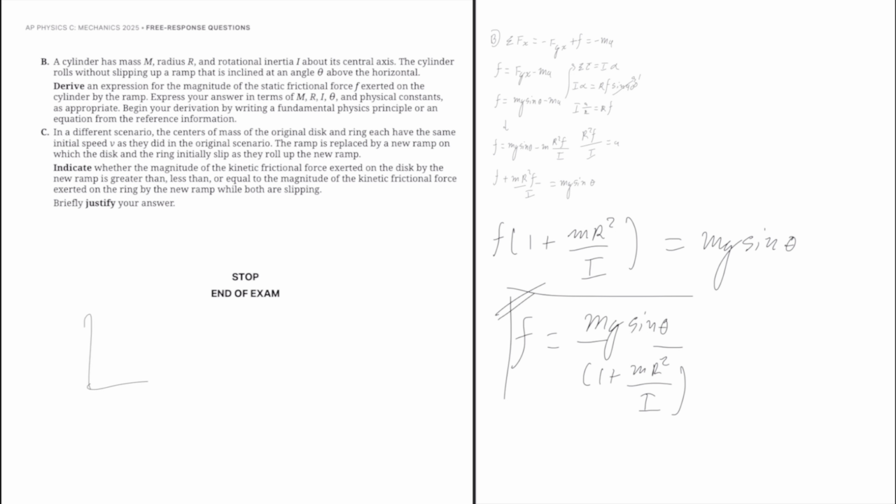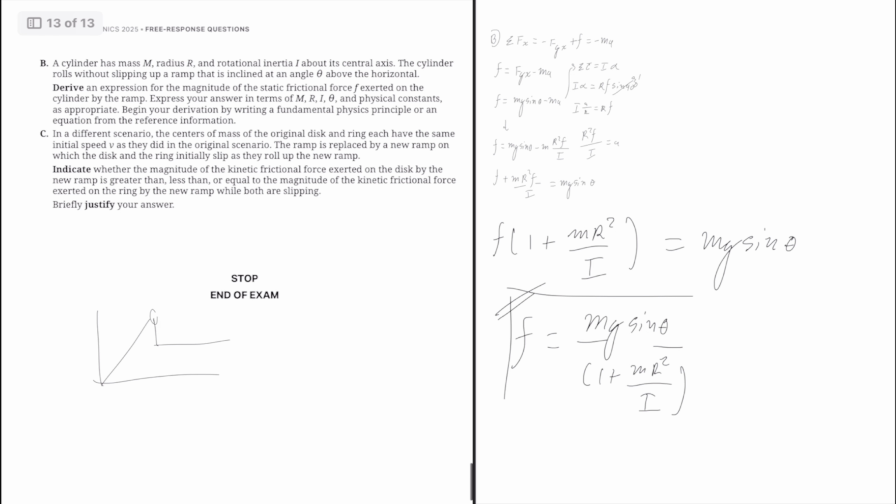For kinetic frictional force, this is what the force of friction as a function of the force applied looks like. As you apply greater and greater force, there's a threshold where it reaches its max, mu s. But after that, when it's slipping and you have kinetic friction, mu k will be the same for every force applied.